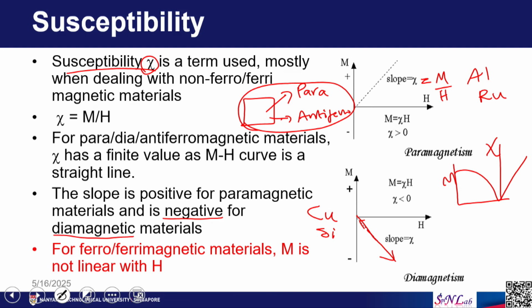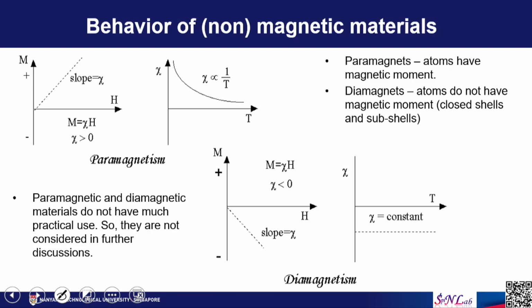For that, usually we need to do a temperature dependence measurement of susceptibility. For example, if you measure the temperature dependence of a paramagnetic material, you will have this 1 over chi versus T behavior. At temperature T1 I have this slope, at another temperature T2 I have another slope.